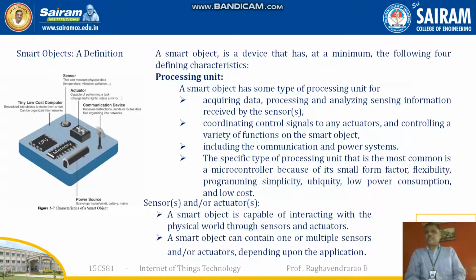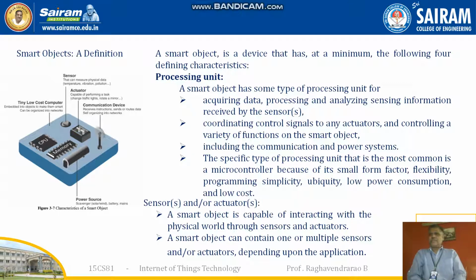The specific type of processing unit that is the most common is microcontroller based, because of its small form factor, flexibility, programming simplicity, ubiquity, low power consumption and low cost. So these are the features of smart objects basically.